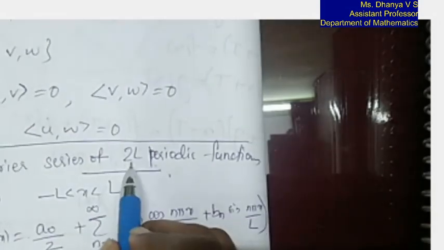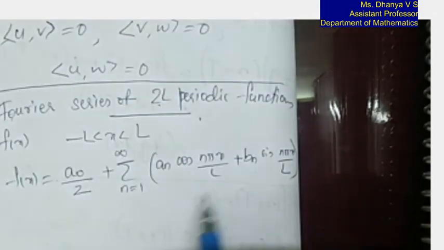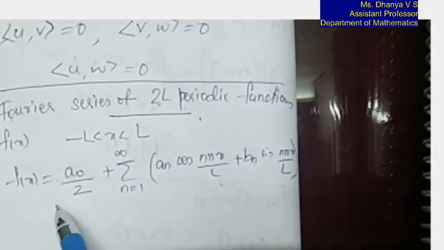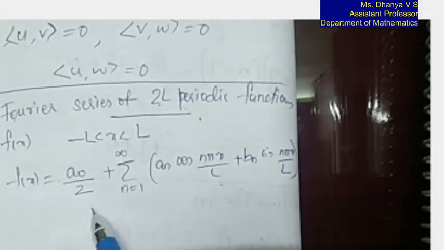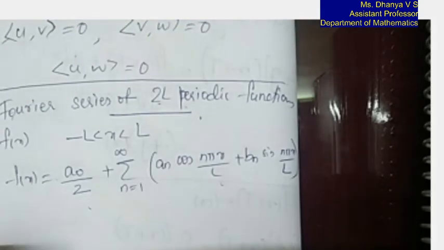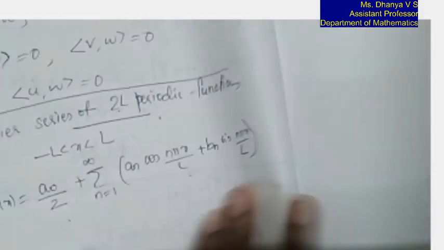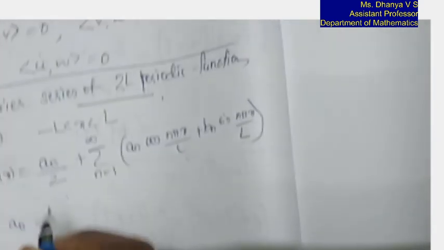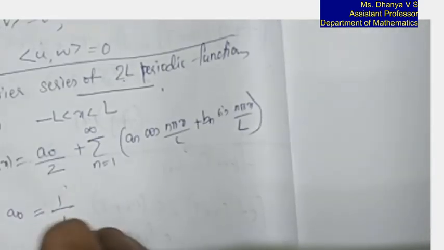So the period is 12 and we are taking half the period. The Fourier series expansion is f(x) = a0/2 + summation n=1 to infinity of [a_n cos(n pi x/L) + b_n sin(n pi x/L)], where a0 is given by 1 by L integral.